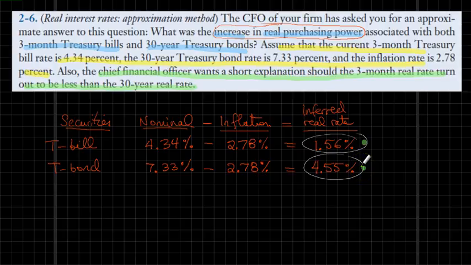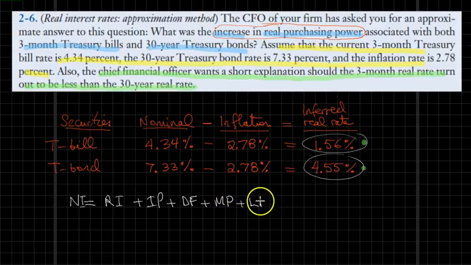Well, if you recall our formula for the nominal rate, the nominal interest is equal to the real risk-free interest plus the inflation risk premium plus the default risk premium plus the maturity premium and the liquidity premium.